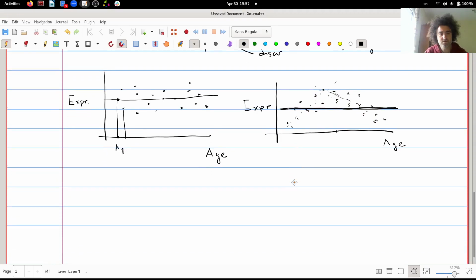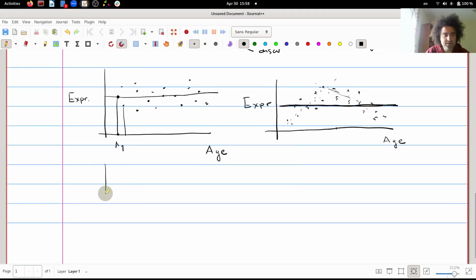Okay, now let's go to another case, which is the case that we are mostly interested in in this class. Here again we have the age, and here we have the expression, and perhaps the data is like that now.